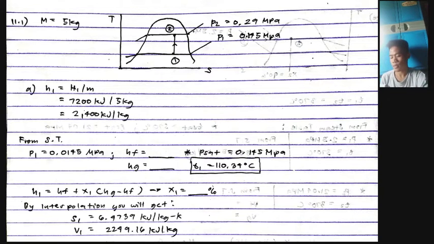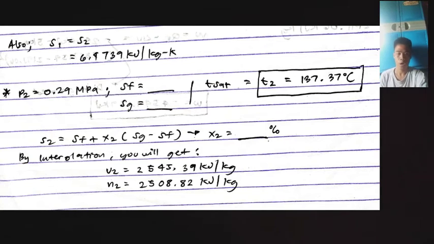And next, by interpolation, you will get S1 equals 6.4739 kilojoules per kilogram K, and U1 equals 2249.16 kilojoule per kilogram. And also, S1 is equivalent to S2, and it will be 6.4739 kilojoules per kilogram K.